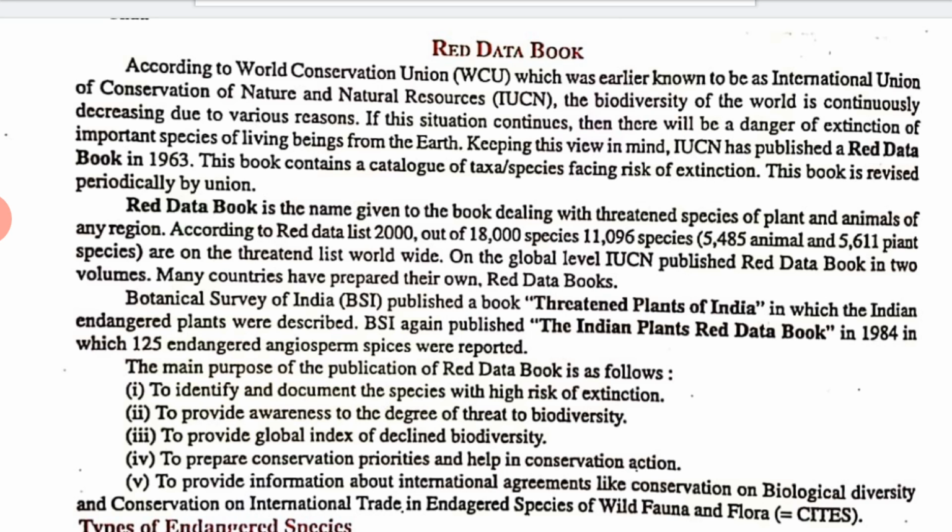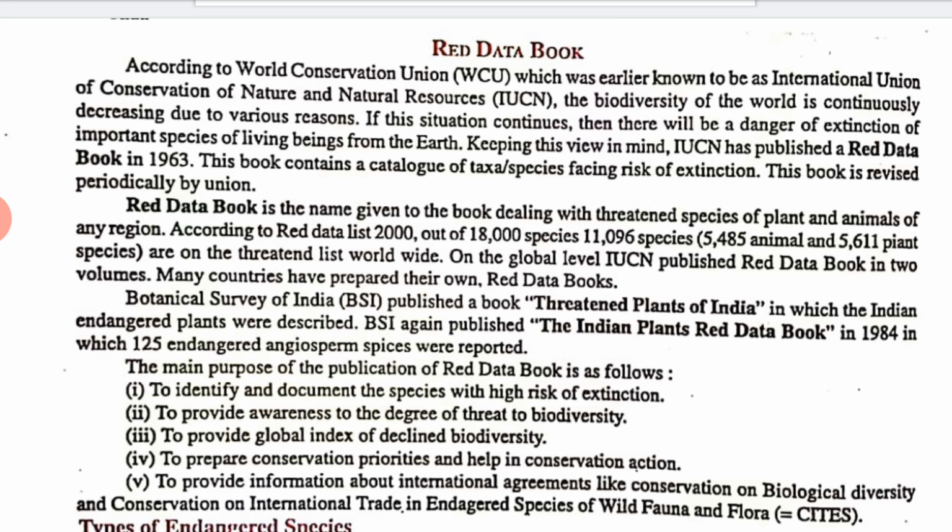If this situation continues, then there will be a danger of extinction of important species of living beings from the earth. So keeping this in mind, IUCN published a Red Data Book in the year 1963. This book contains catalogs of taxa or species facing the risk of extinction. This book is revised periodically by the union.